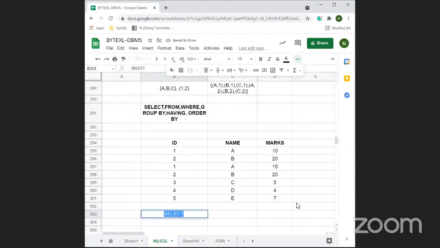Then I am asking the machine: select name, this is not a keyword, from some table 1. Imagine this is table 1. I cannot use a where condition now.